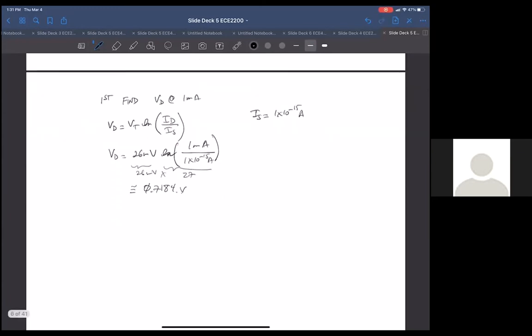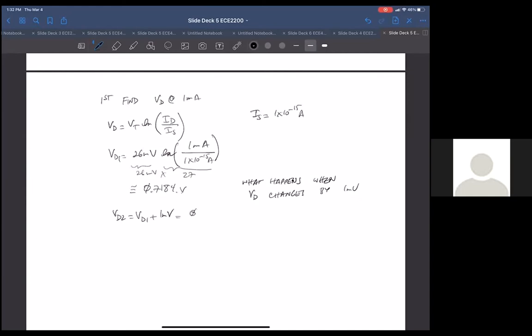Now the question for the example is, what happens when V sub D changes by 1 millivolt? So if this is VD1, then VD2 is VD1 plus 1 millivolt.